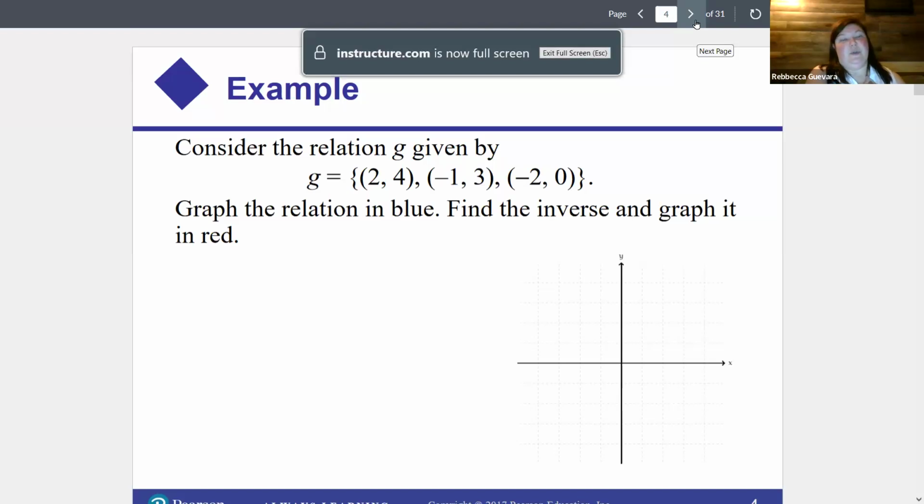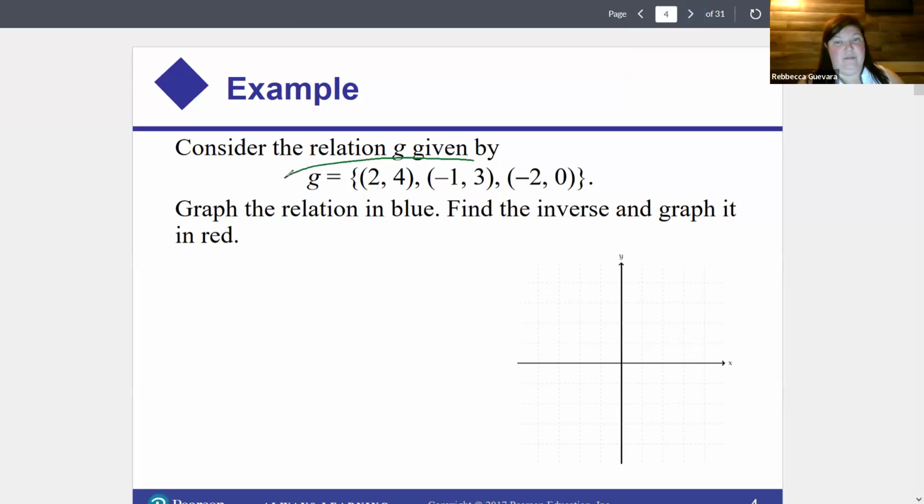So just another example, and we're going to graph this one. I'm going to graph it like this. This is G. G is going to be green. G is the points 2, 4, and then -1, 3, and then -2, 0.